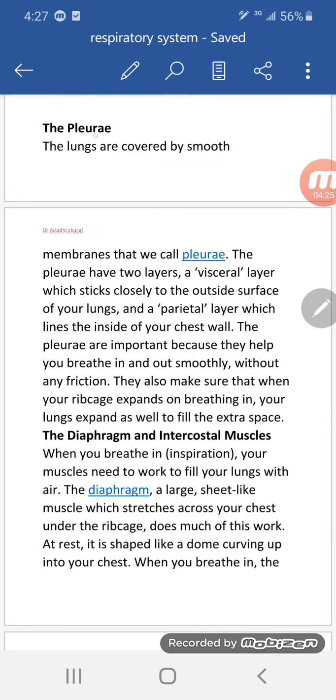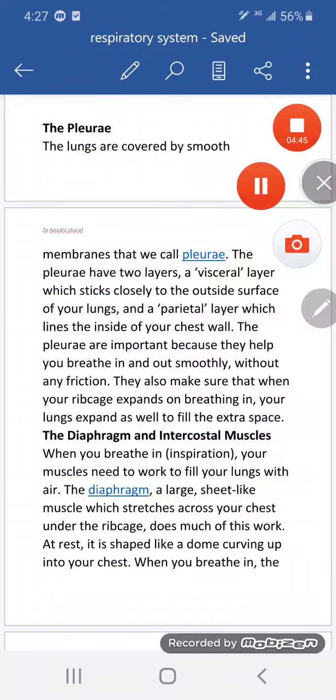As we talked about previously, the pleura is the membrane which covers both lungs, and the diaphragm and intercostal muscles are also components of the respiratory system, and they are the muscles which work in the respiratory system.